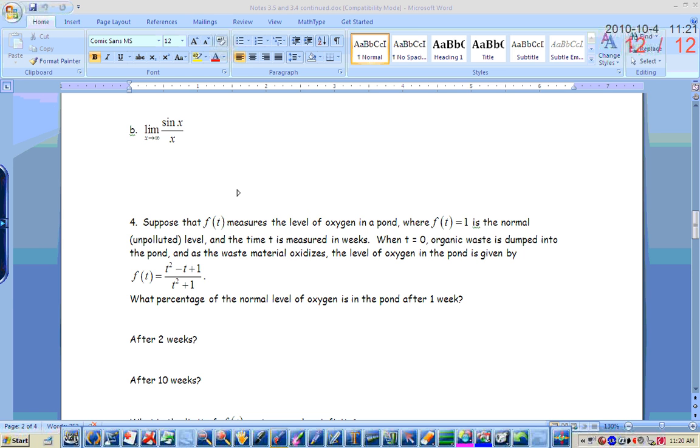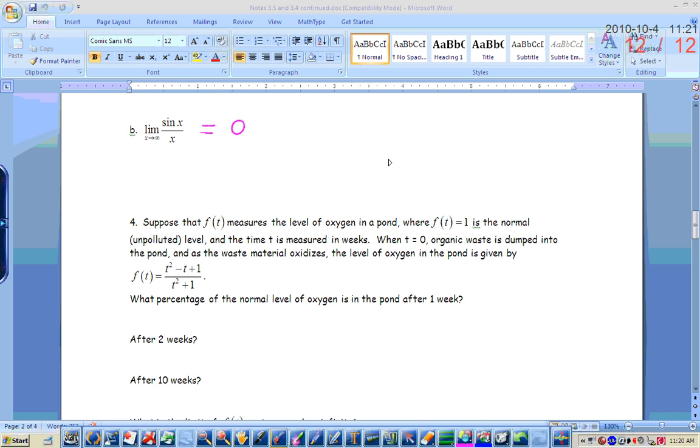Okay, Gray, are you already talking about part B? Oh. Good. No, I'm glad. Have you come to a conclusion of what this limit is? It's 0. Why? Okay. The top is oscillating between negative 1 and positive 1.